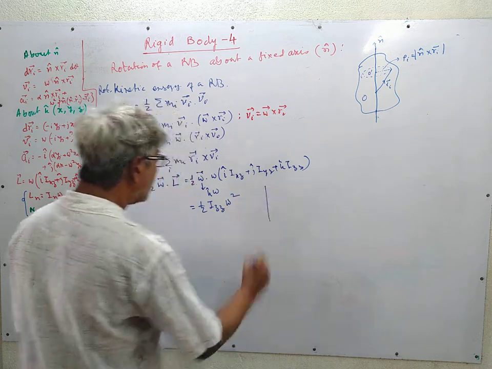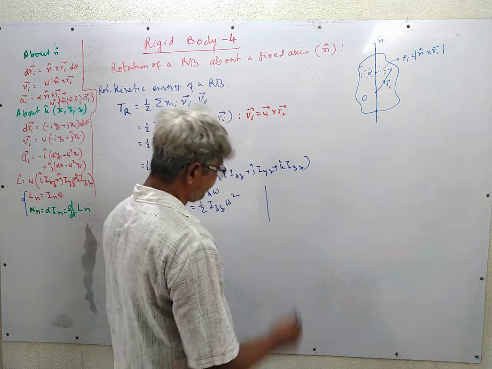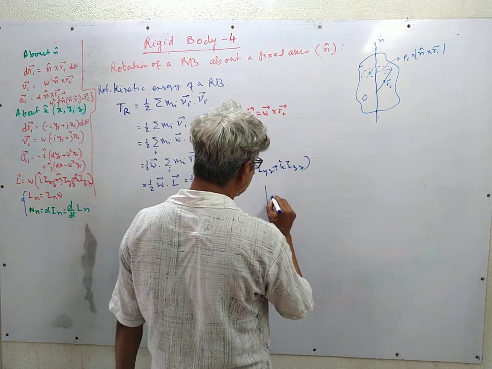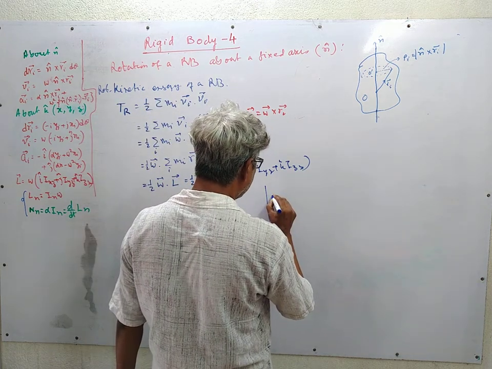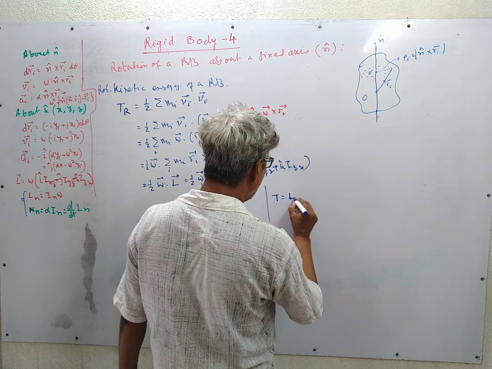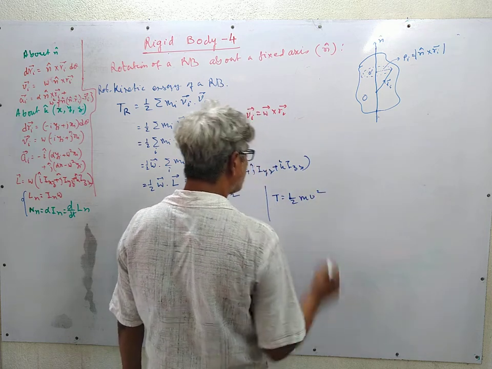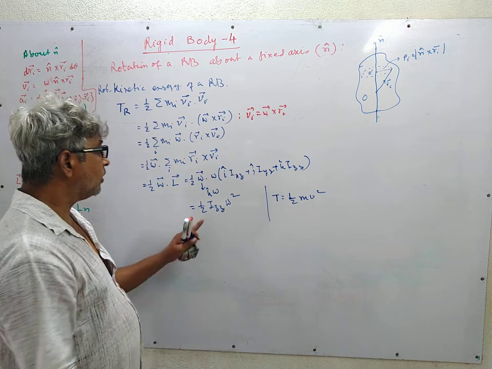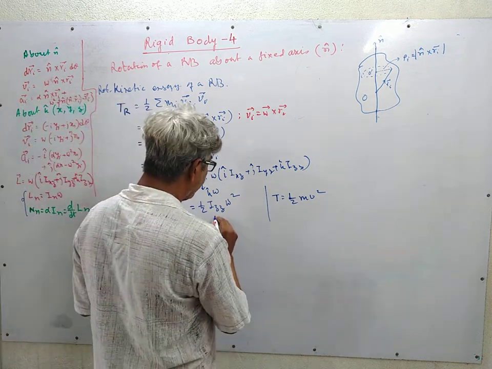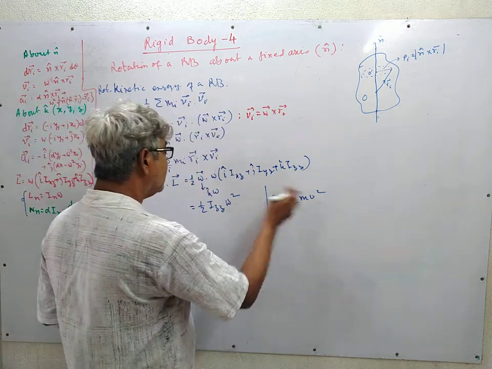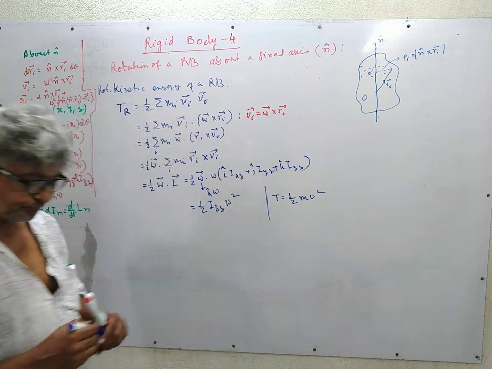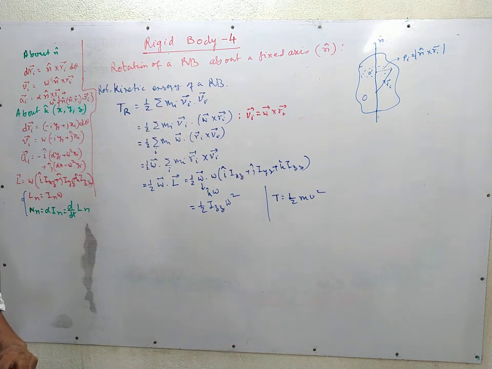The analogous relation in linear dynamics is the kinetic energy T equal to half m v square. So the role of mass is being played by the moment of inertia and linear velocity is replaced by angular velocity.